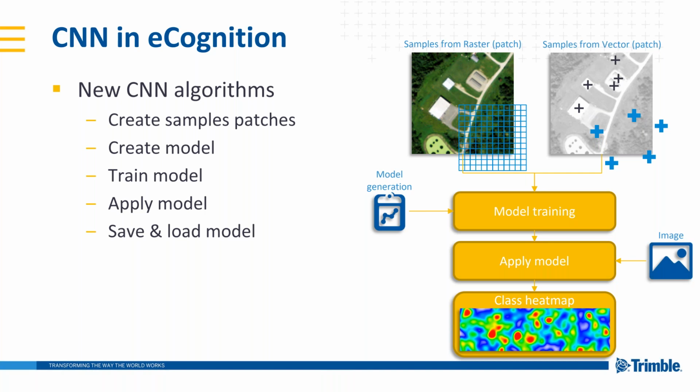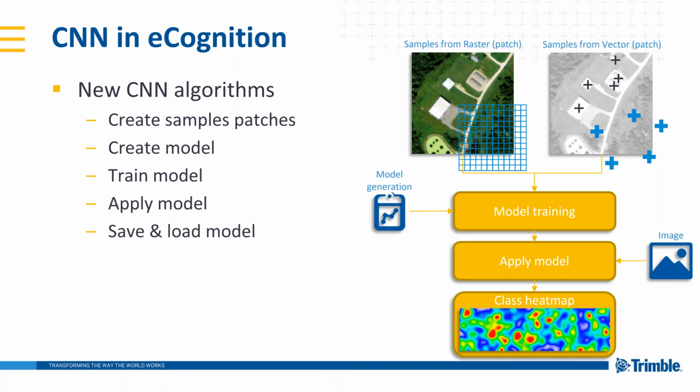We also have algorithms to create the actual model, then to train the model. Once we have a trained model, we can push our imagery through and apply this model to our images. As we see in the diagram on the right-hand side, once we apply the model to our image, we generate a heat map, and we can use this heat map for various classification and segmentation techniques within eCognition.